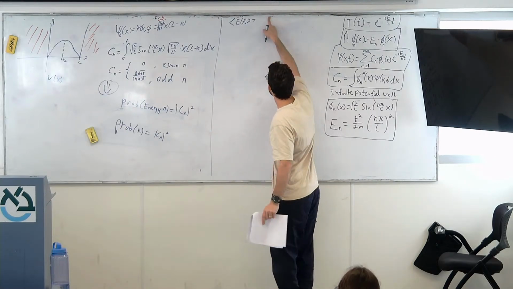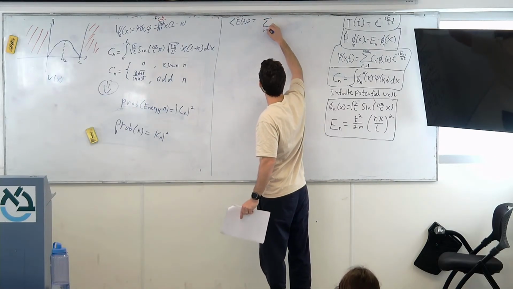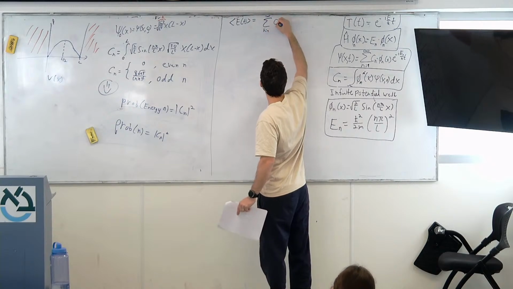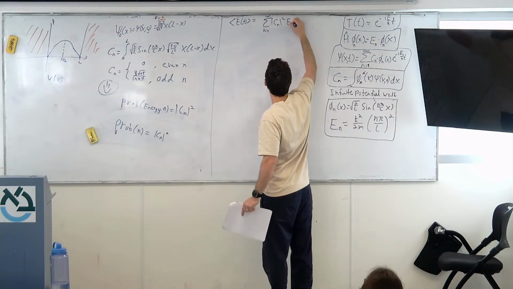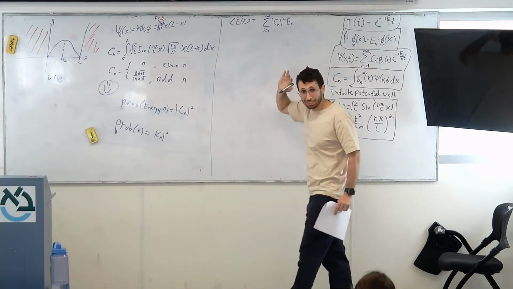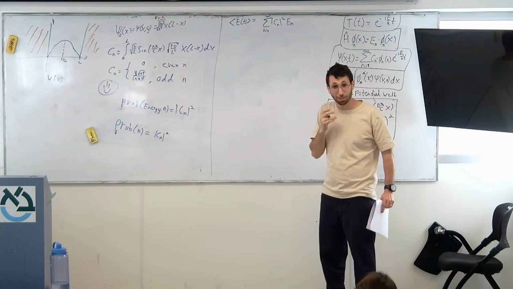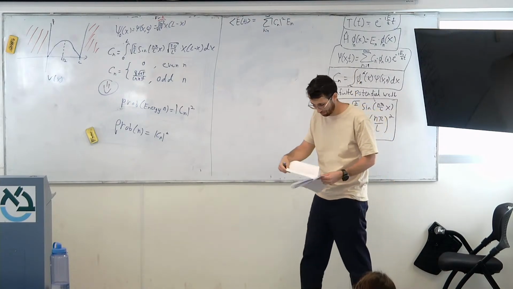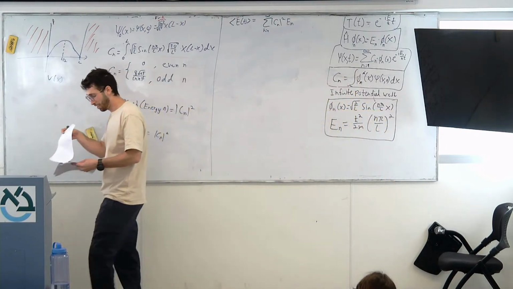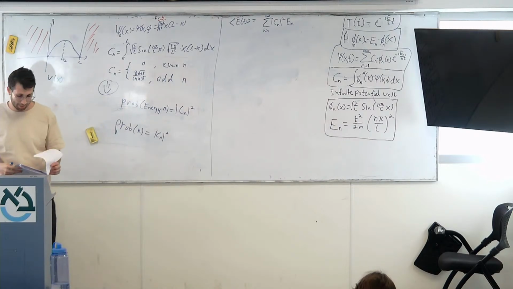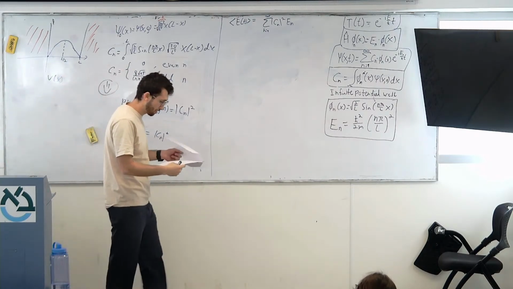So the suggestion here was: let's sum from n equals 1 to infinity Cn absolute value squared En. This is absolutely correct, but why? It makes sense, right? It's a good reason, especially when you don't know what to do. It's a really good reason to say it just makes sense.